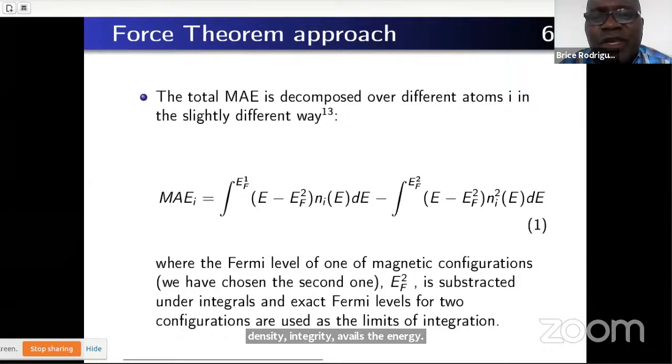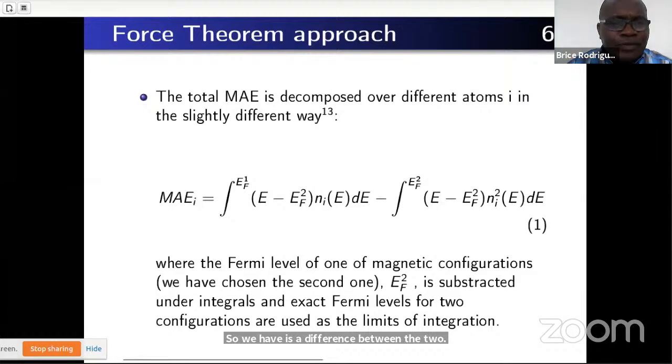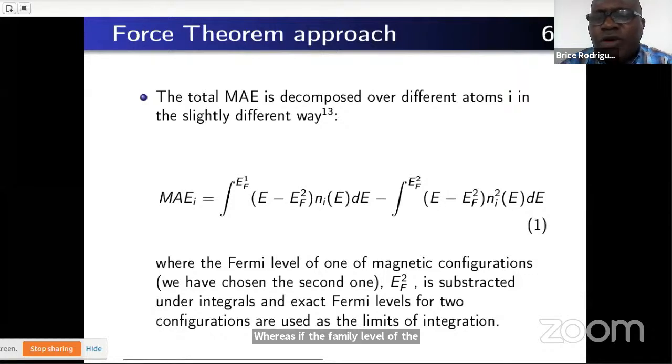So we have the difference between the two spin states, where the Fermi level of one of the magnetic configurations is subtracted under the integrals, and the exact Fermi levels for the two configurations are used as the limits of the integration.